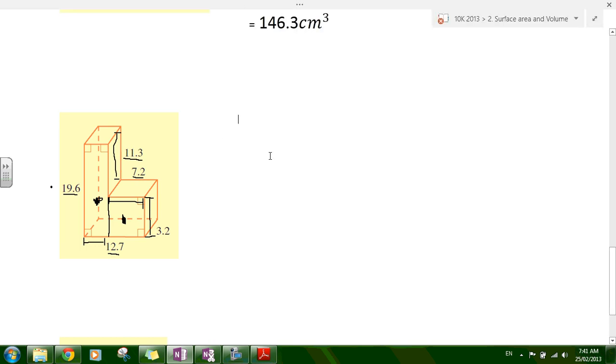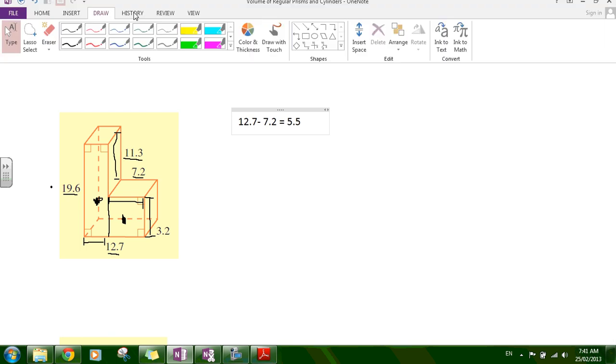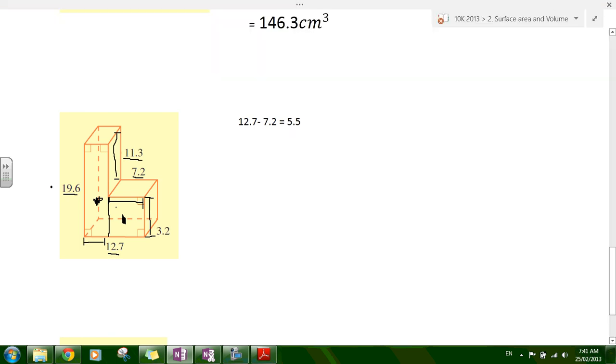So first up, we need to find 12.7 minus 7.2. That's 5.5. So I can go ahead and write that in. Remember, 7.2 is this distance, 12.7 is the whole width, so that one's 5.5.